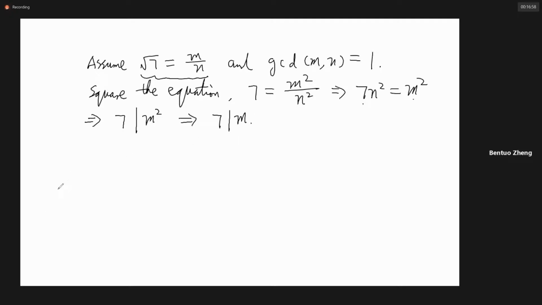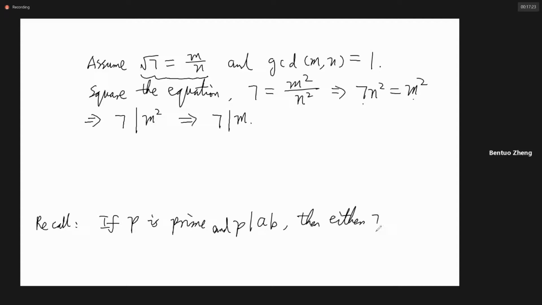Okay, so this is a lemma, so recall the lemma. So if P is prime, and P divides A times B, then either P divides A or P divides B. But in this case, you see m squared is m times m.